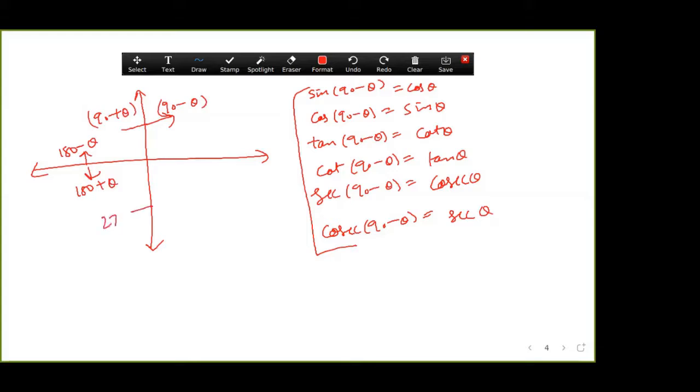Here is 270 minus theta and here is 270 plus theta and 360 minus theta. Whether the trigonometric function changes or not, you have to learn by using the concept.